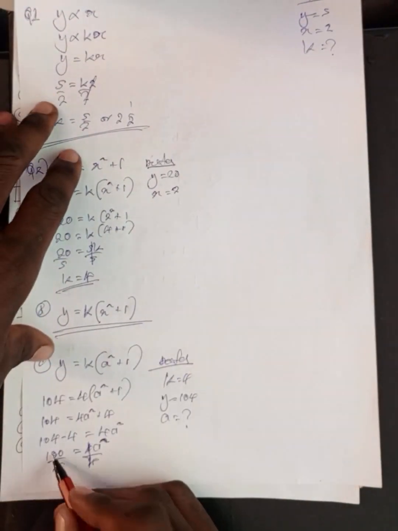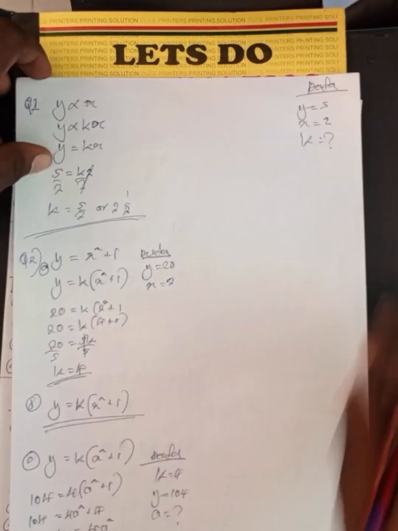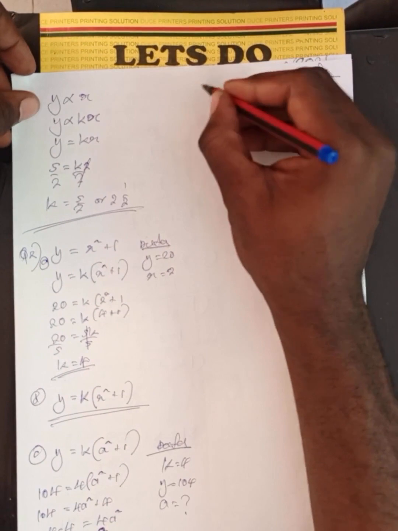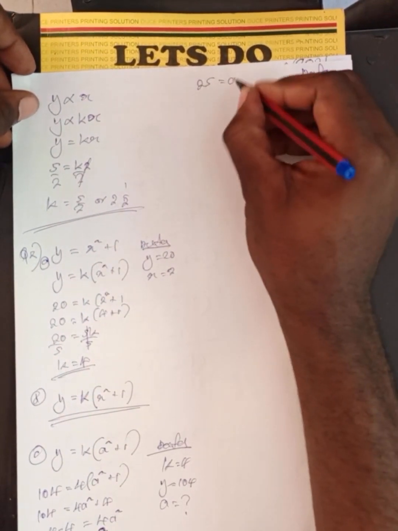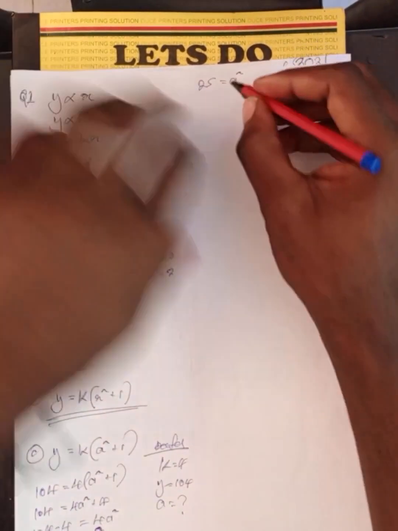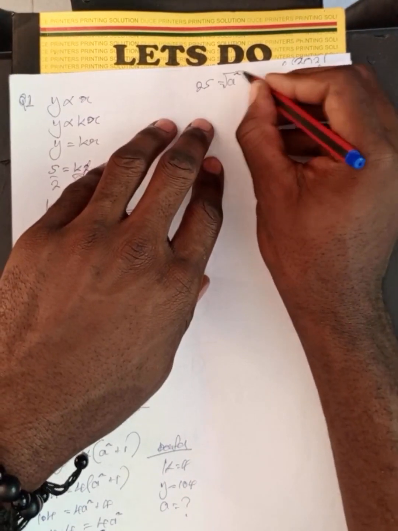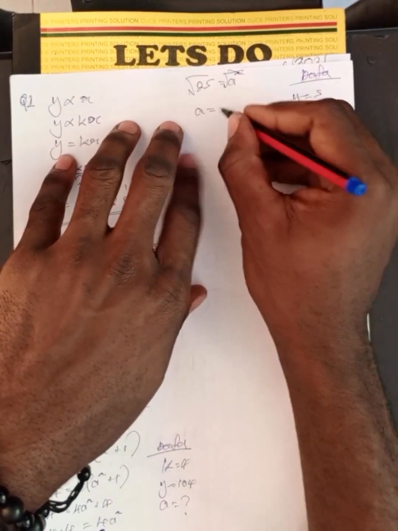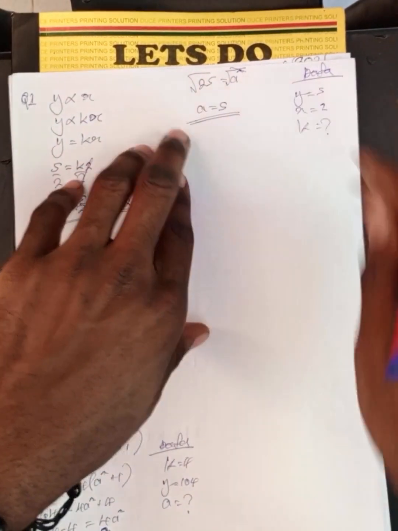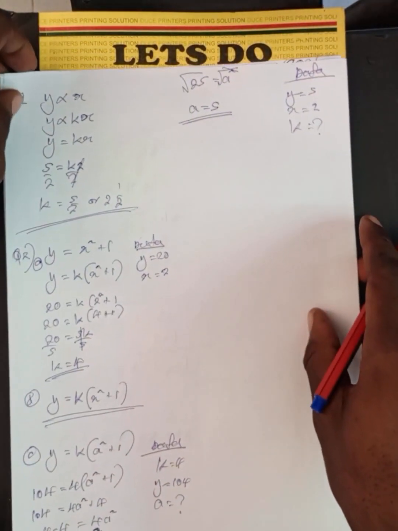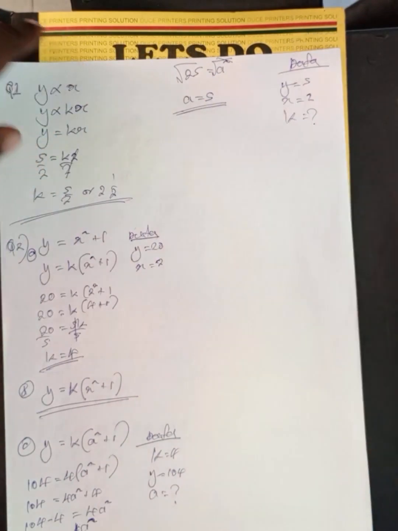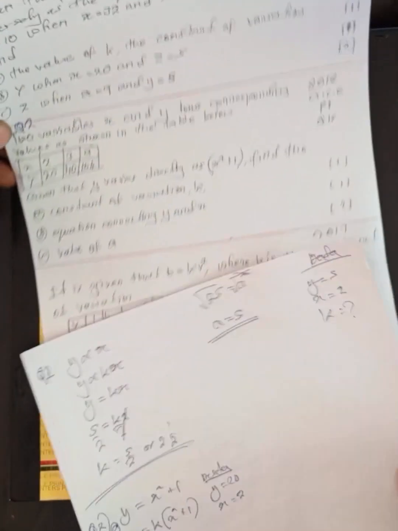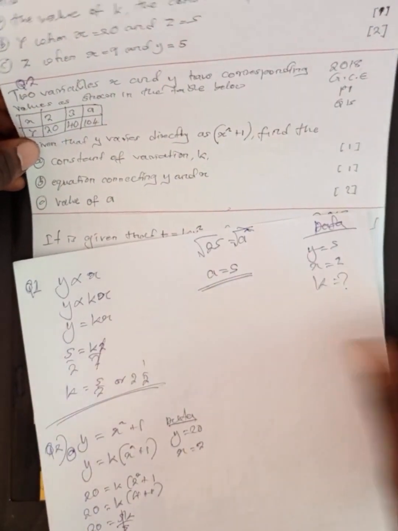So 4 into 100 gives you 25 is equal to a squared. Now you can introduce the square root on both sides. What is the square root of 25? It is 5. The number that you can multiply 2 times to get 25 is 5. So this is the value of a. This is how we answer such questions.